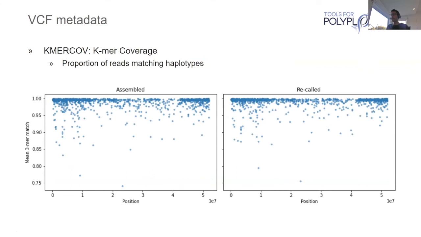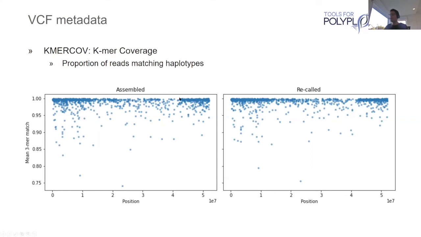We also have this K-mer coverage metric. This is very similar to minimum error correction. It differs a little bit in that instead of looking at the full length of the haplotypes, we're now looking at, in this case, 3-mers across the haplotype, so 3-mers comprising 3 different SNP variants within the haplotype.